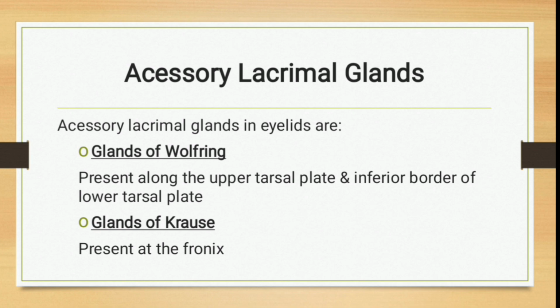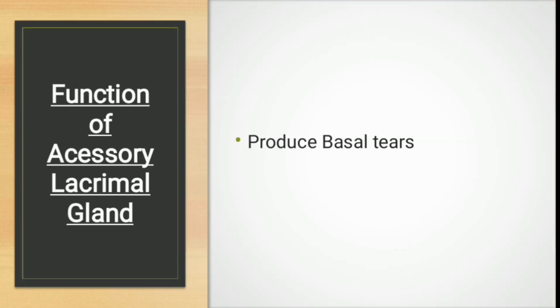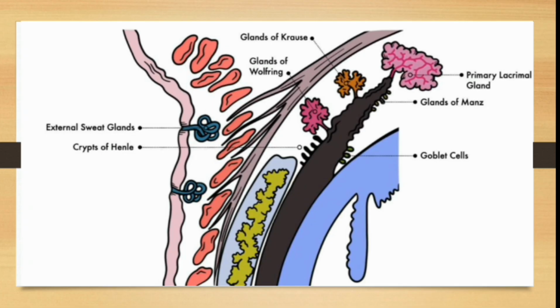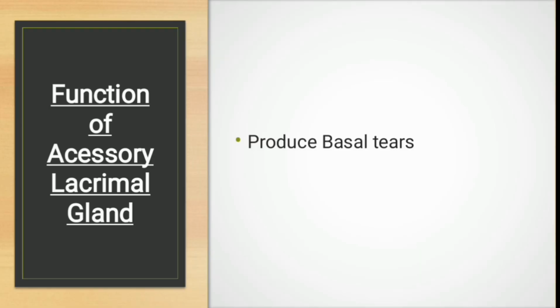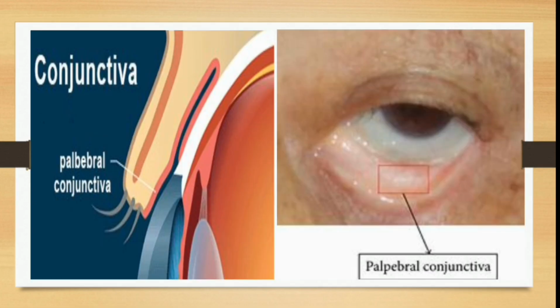Basically, what you need to know is that the glands of Wolfring are present on upper and lower tarsal plates, and glands of Krause are present at the fornix. Now, what is the fornix? Let's see back where you can understand. This is the palpebral conjunctiva, the pinkish structure which is lying under the eyelid. And the pinkish structure which is on the white is the bulbar conjunctiva.